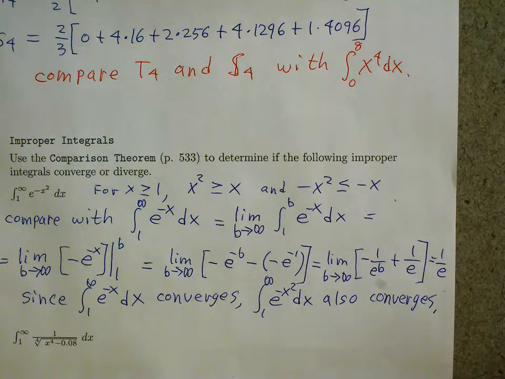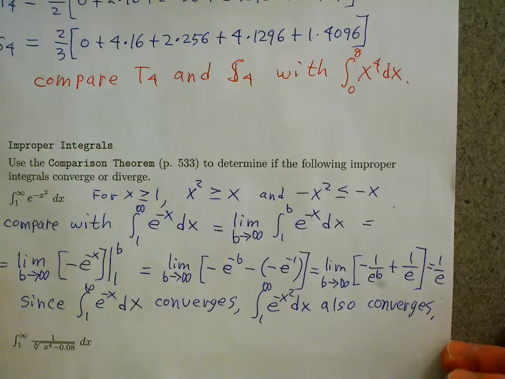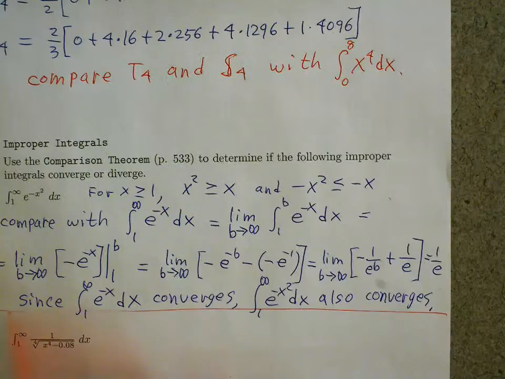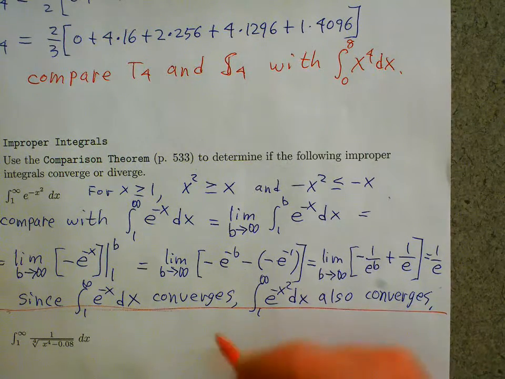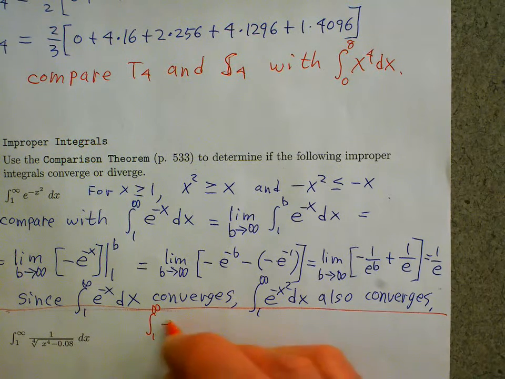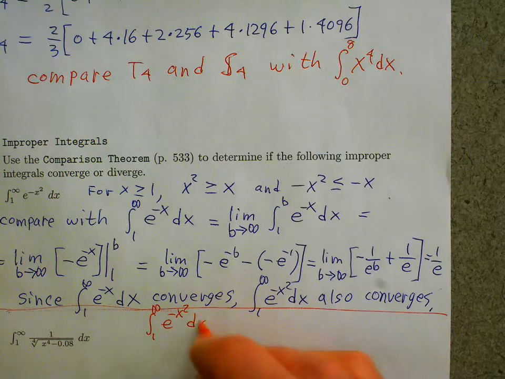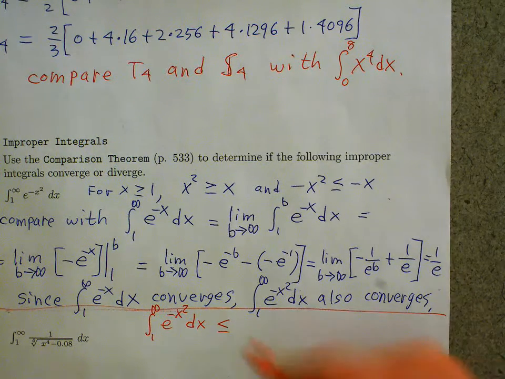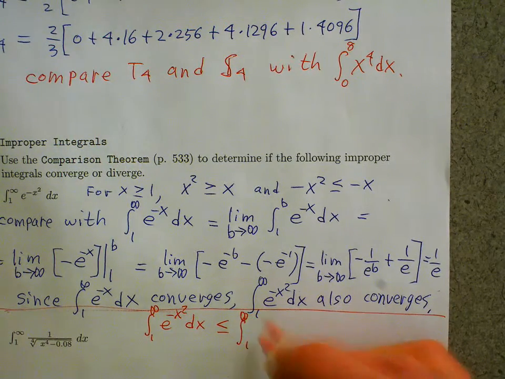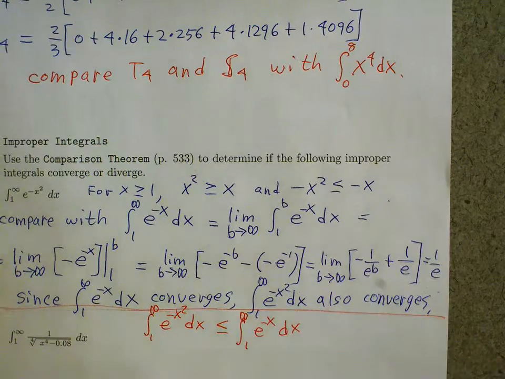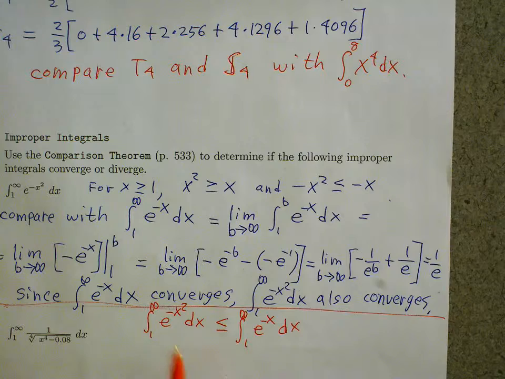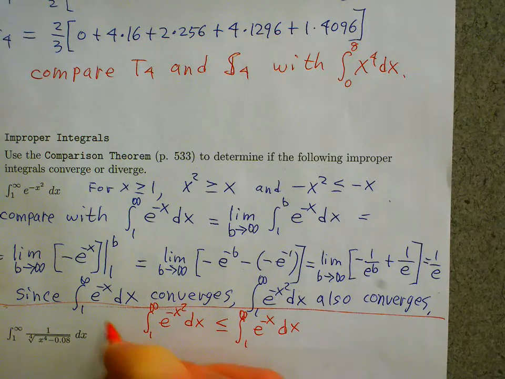Maybe I should have written it down, since I mentioned it: the key thing here is that the improper integral of e to the negative x squared dx has to be less than or equal to the other improper integral of e to the negative x dx. So if the integral on the right converges to a finite number, the one on the left must also converge to a finite number.